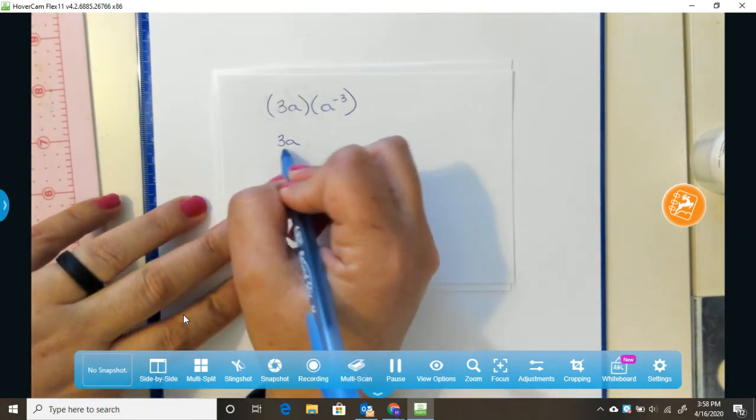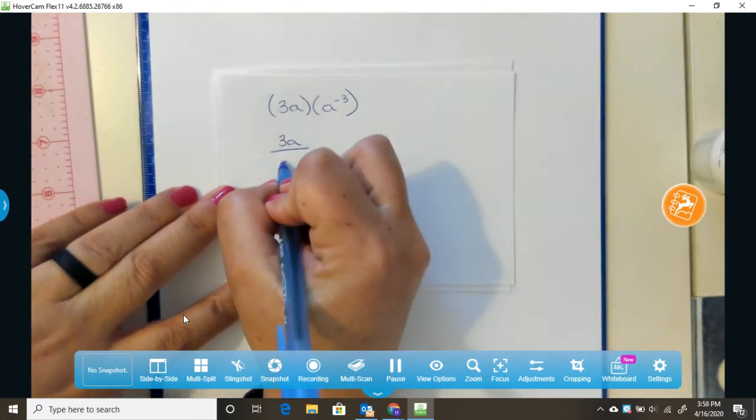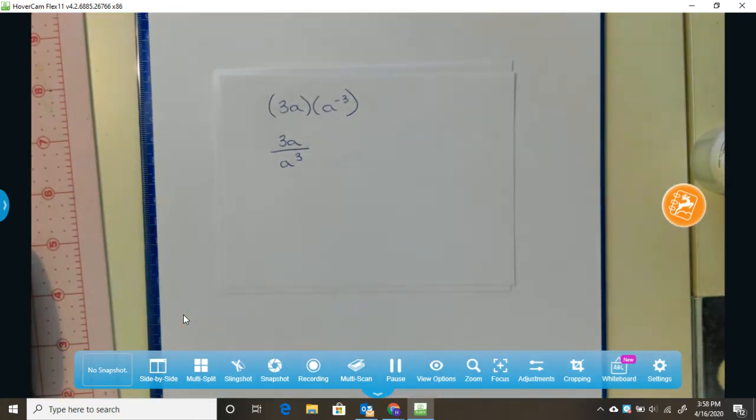But since I already have this up here in my numerator, I'm just going to move it with a to the third. Okay, so again, negative exponents tell me reciprocal, which means if it's in the numerator or if it's a whole number, I send it to the denominator. If it's in the denominator, I use the reciprocal and I throw it up to the numerator.